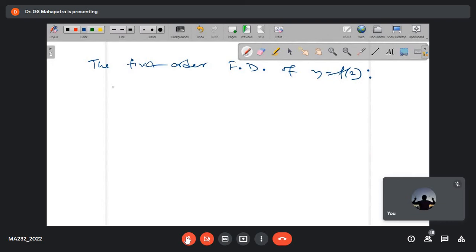The notation I will also tell you. f of x naught plus h minus f of x naught is the first order difference, and this is denoted by y1 minus y naught, delta y naught. Either notation you can use, no problem.